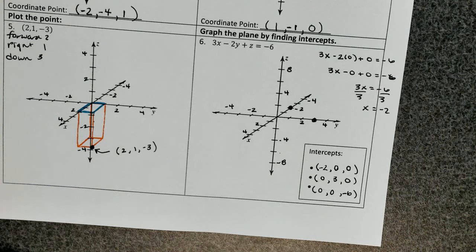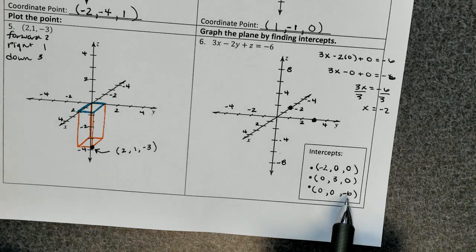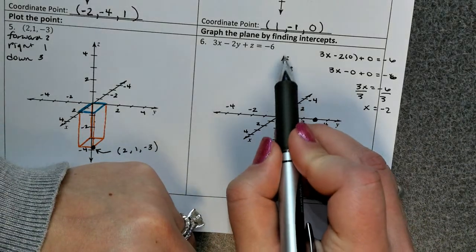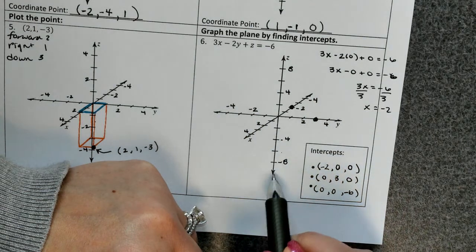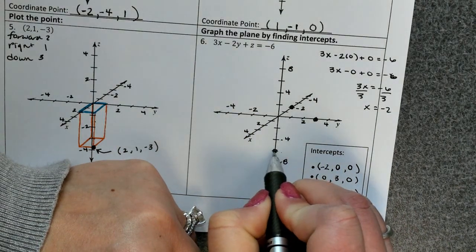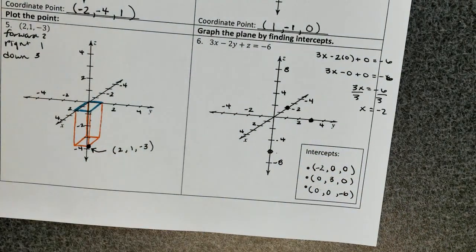Number 4, what do I do from there? Well, that's in what spot? X, Y, or Z? Z, so I'm looking for my z-axis. That's one that goes up and down. So it's down at negative 6 right there. Okay, put a point. Number 3, what do I do once I have the 3 points plotted?